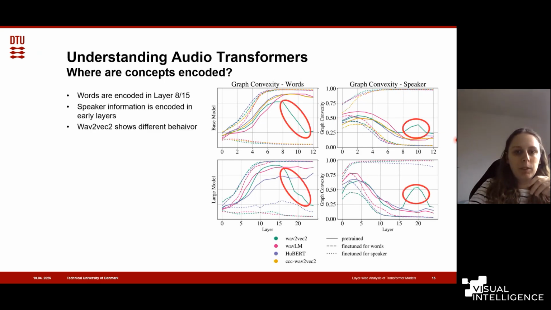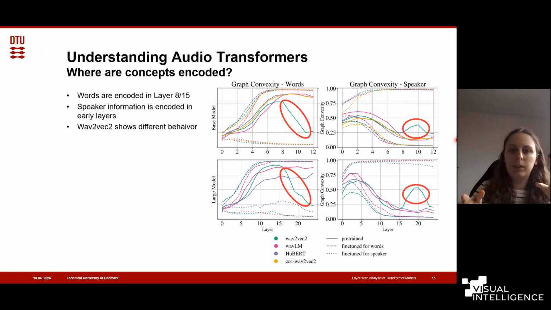And then we have this wave-to-vec model, which is a bit different than the other models. It loses all the word information in the end, and it also has a second peak for the speaker information, which other models don't show. This could be due to the training mechanism. The wave-to-vec model is trained a bit differently than the others, mainly by reproducing the input.